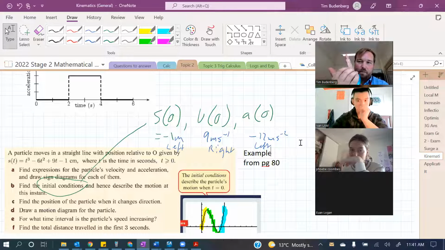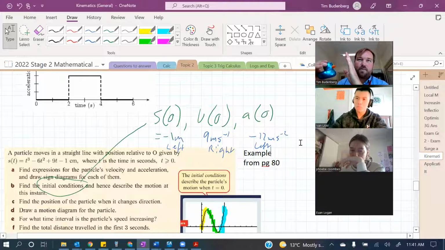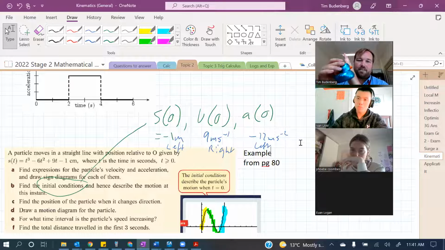The acceleration is going back that way. What that means is that as soon as he starts moving, in the first second, he would have gone 9 meters because that's 9 meters per second. But his next second will be less because his speed is going to be less because his acceleration is going back that way. So initially, slowing down. Yeah, slowing down.